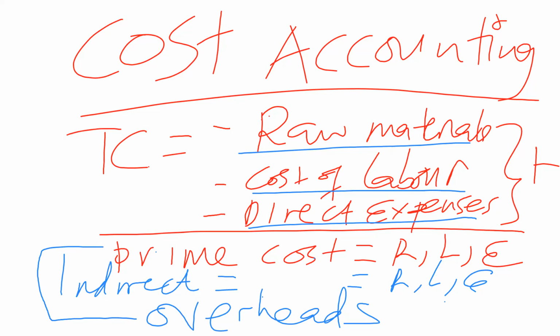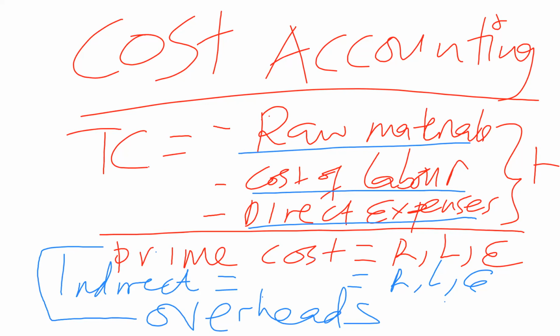And what do we mean by direct? I repeat, they are called direct because they can be directly attributed to the cost of the good or the product that you are producing. You can directly attribute these to a specific product that is being produced. For that reason, you can call them the direct costs.